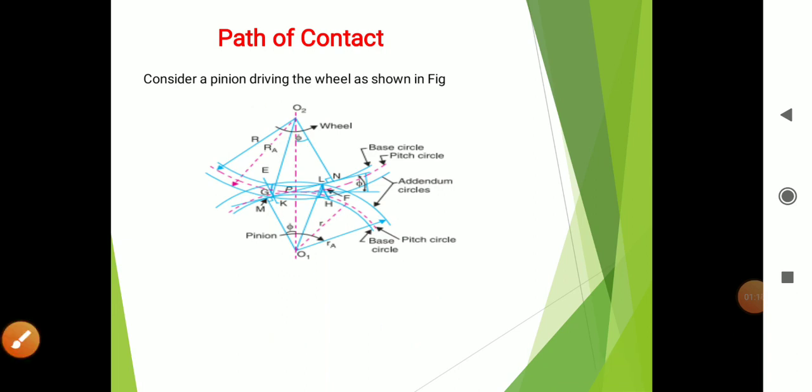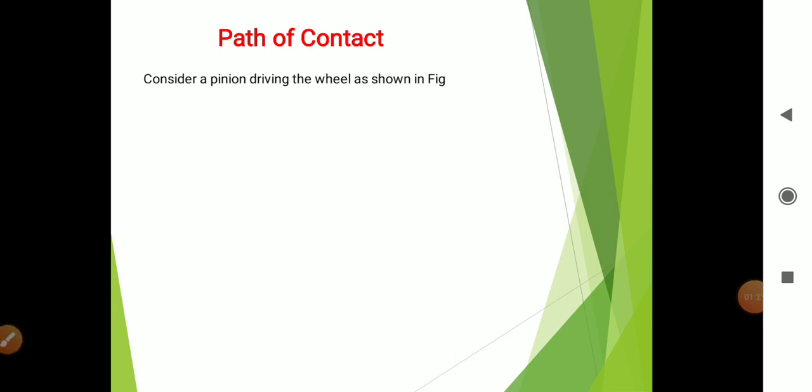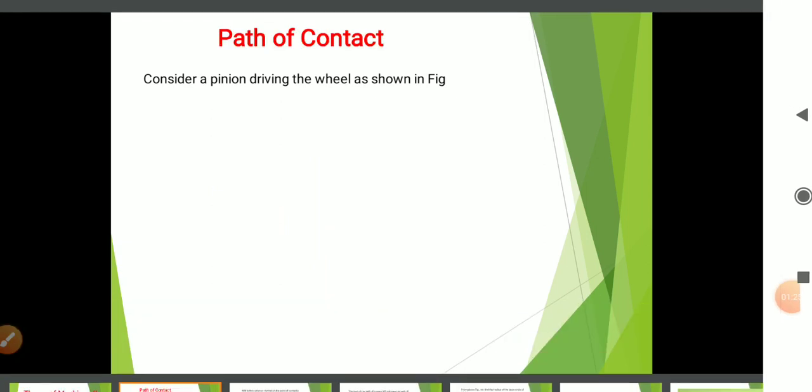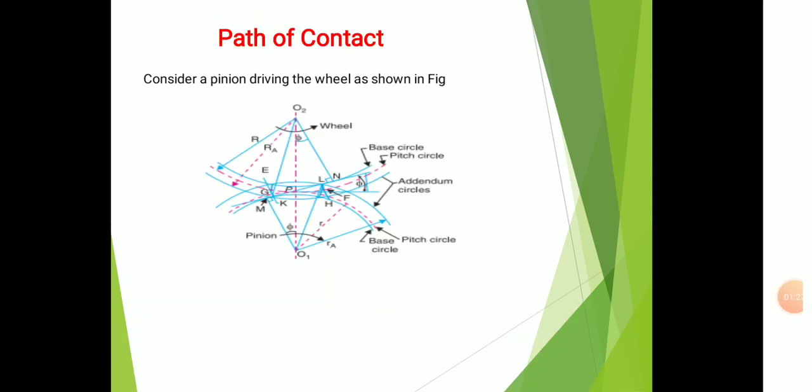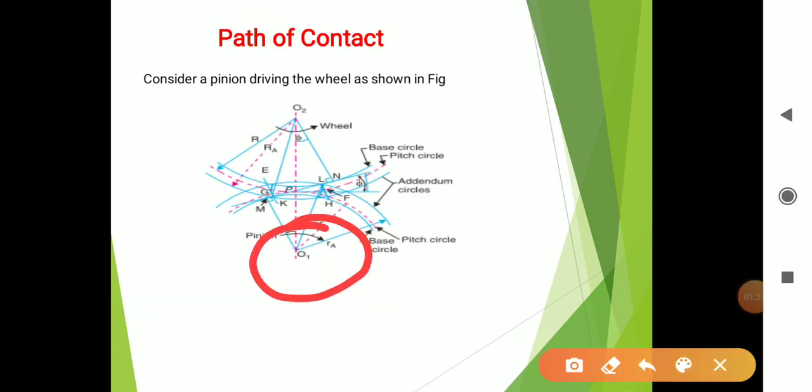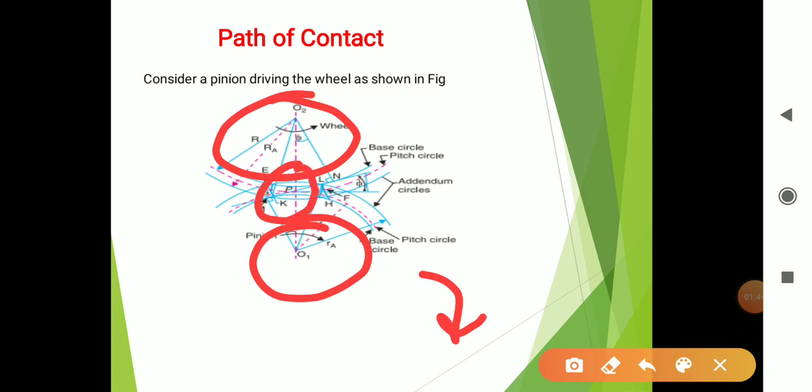This pinion rotates in clockwise direction, and this wheel rotates in anti-clockwise direction. That means both rotate in opposite directions. Here MN is the common normal passing through this fixed point, and this fixed point is P.